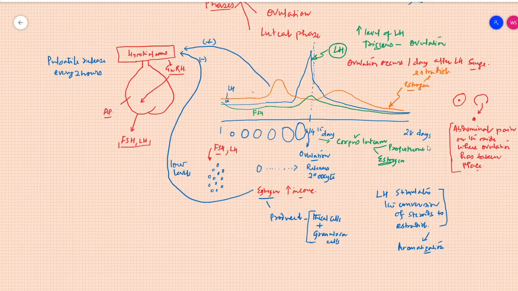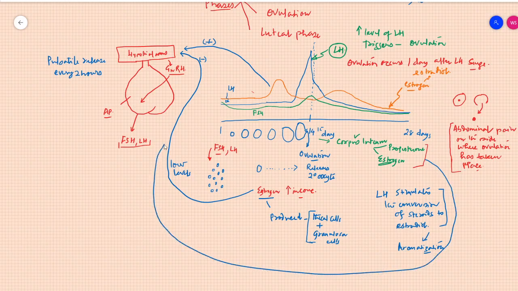The progesterone and the estrogen secreted by the corpus luteum again cause negative inhibition of the hypothalamus, meaning very little FSH and LH will be released after ovulation.